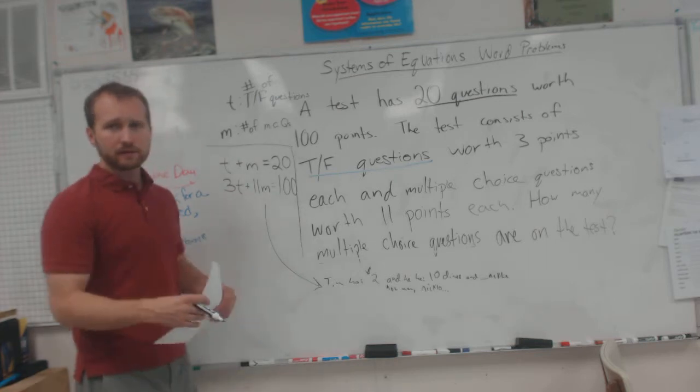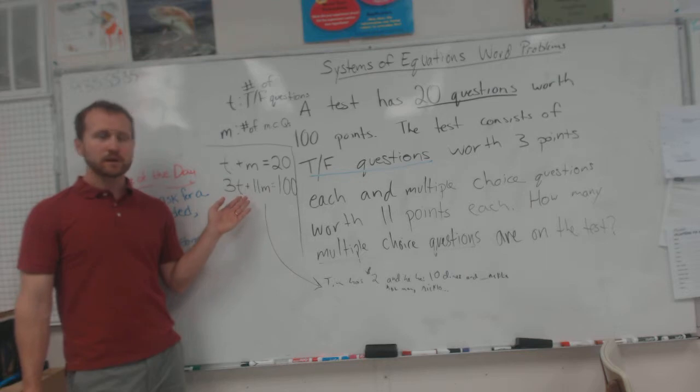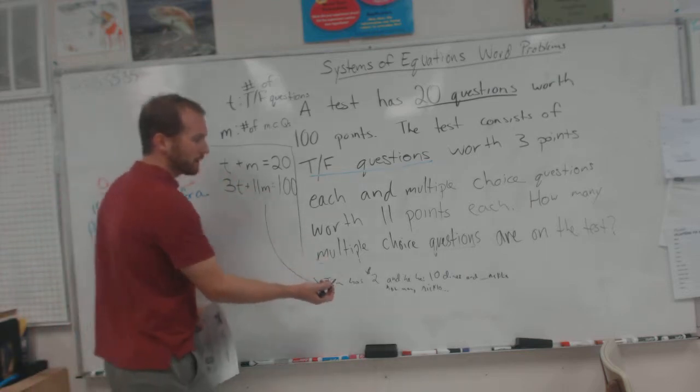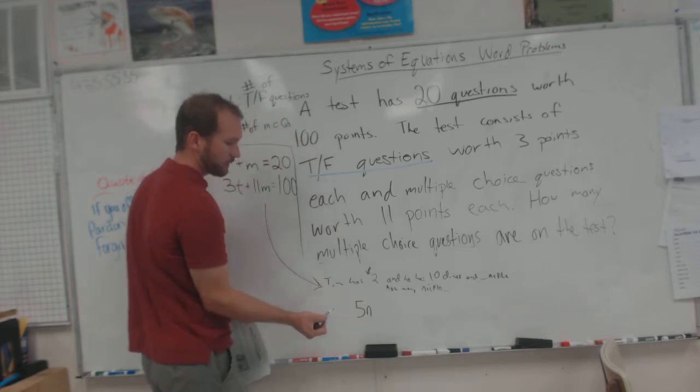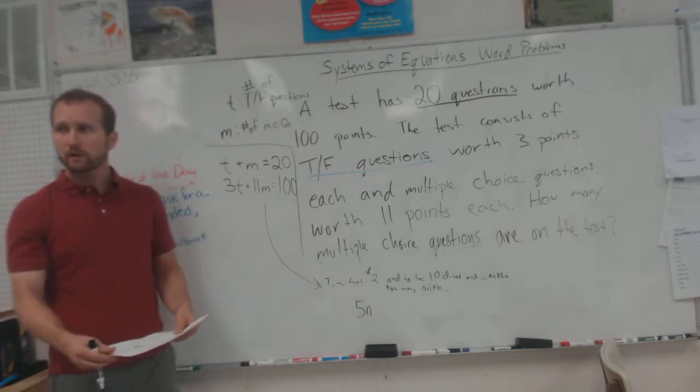Okay, so we're not going to actually solve this one right now, but the idea is that it's in a similar way that points on a test get multiplied by the number of questions. In a money problem, you would multiply the nickels times 5, times n, to figure out how much money that's worth, right?